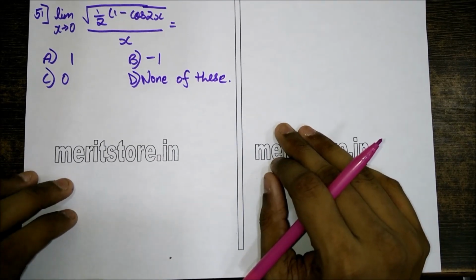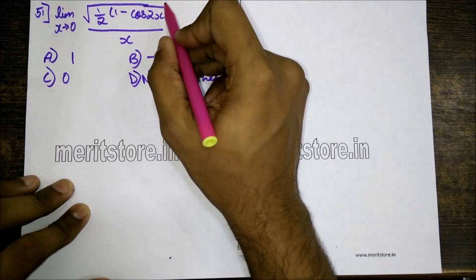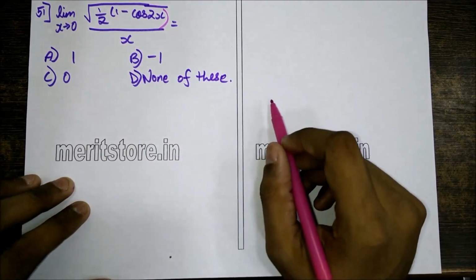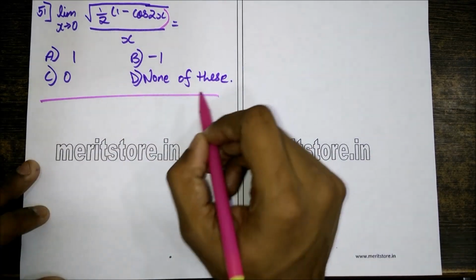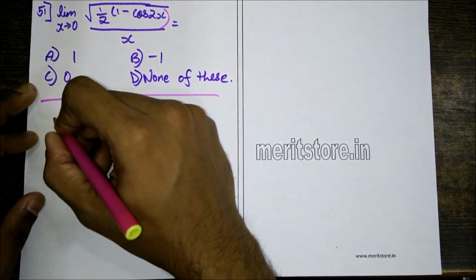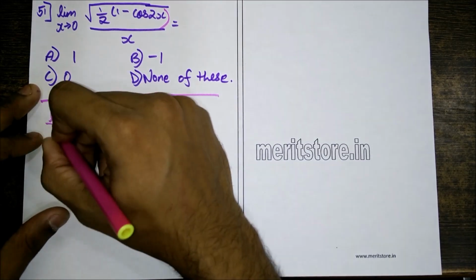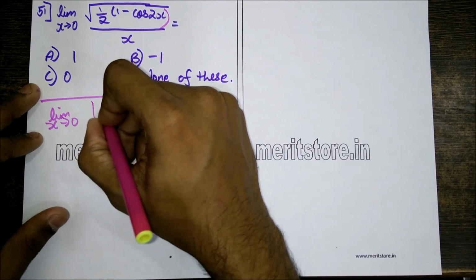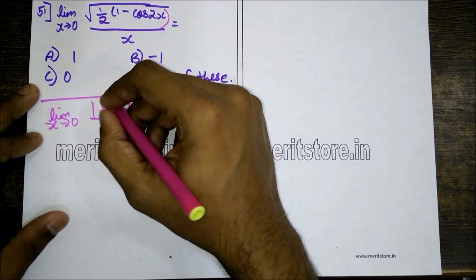Limit of x tends to 0, root of (1 by 2 into (1 minus cos 2x)) by x equals: a) 1, b) minus 1, c) 0, or d) none of these. So first we could write this as limit of x tends to 0 of modulus sin x by x.